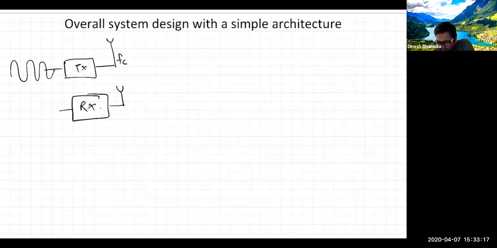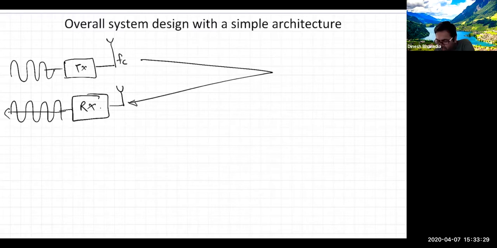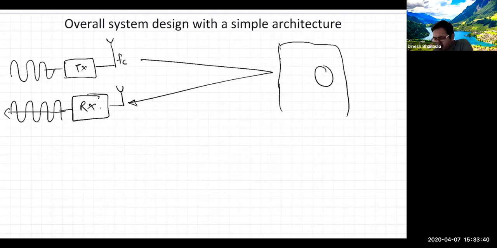And we are receiving the data at these different values, and essentially we are getting the reflection back from the human body. Let's say this is a person, and it has heart rate and breathing.